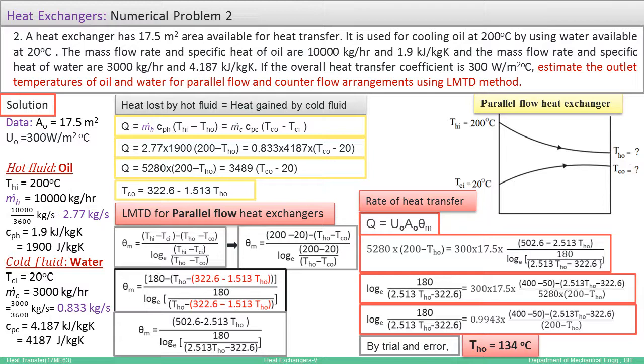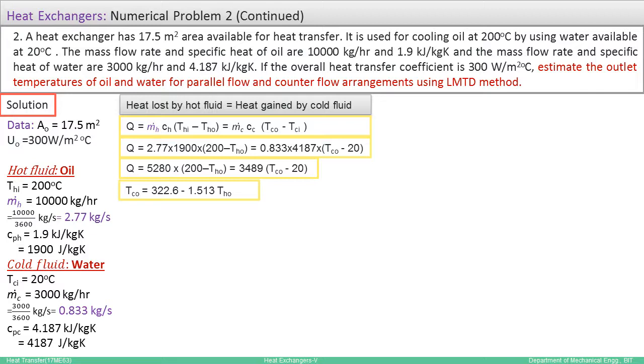And now, since we have the expression for TCO in terms of THO, substituting that THO in the equation for TCO, we get TCO also. That will be 120 degrees Celsius. Remember, this is for the parallel flow arrangement, and we have to repeat these steps for the counter flow arrangement also.